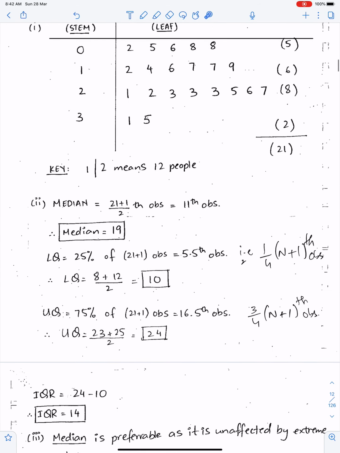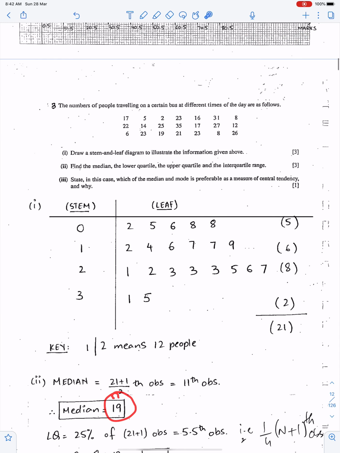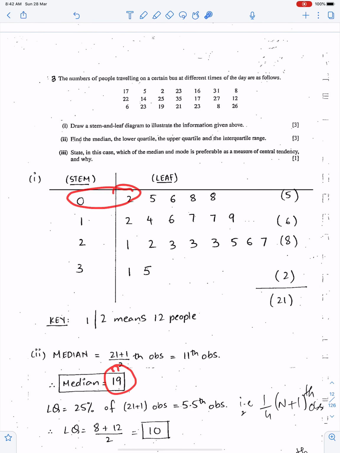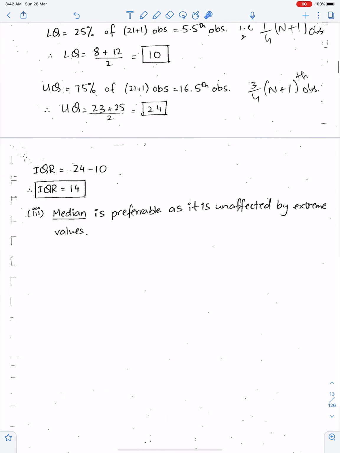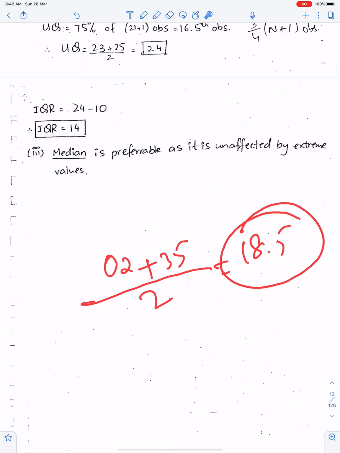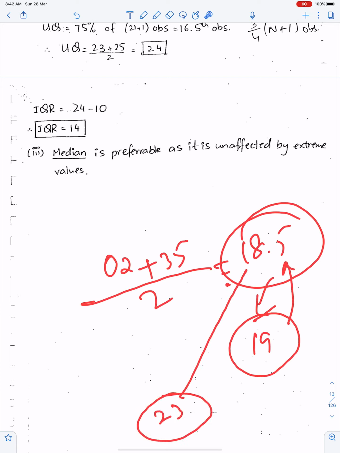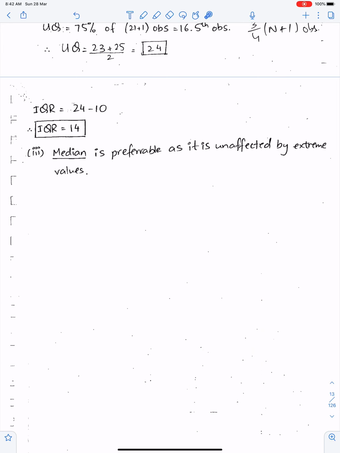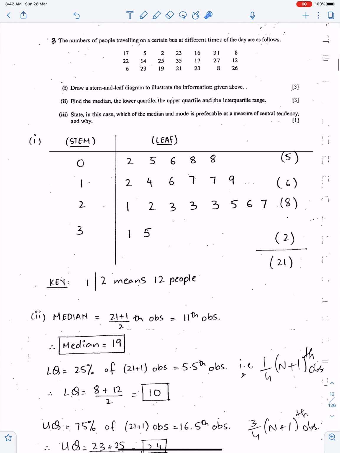If you observe the lowest observation, which is 2, and the highest observation, which is 35, and take the average of these two, you'll get, I guess, 18.5, and the median is close to this number. The mode is 23. So the median is more preferable in this case as it is unaffected by extreme values.